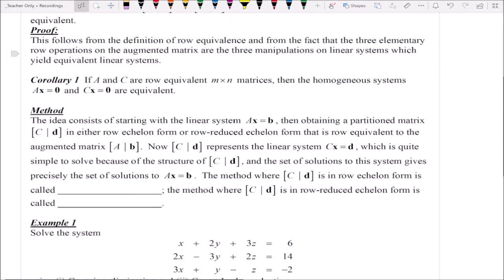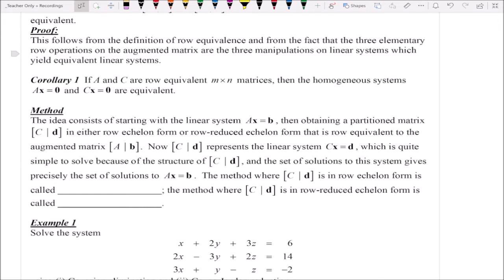Which is quite simple to solve because of its structure. And the set of solutions to this system will give precisely the set of solutions to AX equals B, because the two systems are equivalent, meaning that they have the exact same solution.